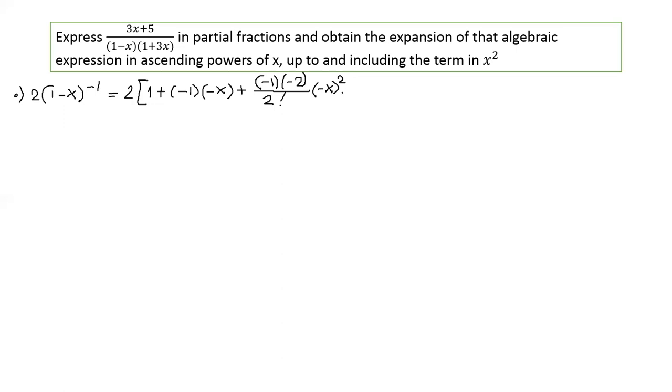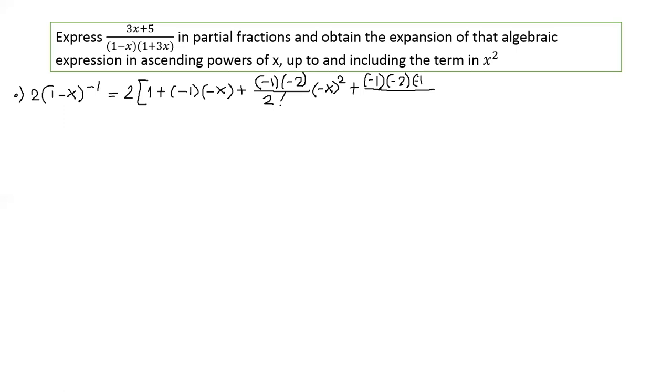Including the term in x squared, but I will expand till x cubed. Negative 1 because n. Afterwards, negative 1 minus 1, negative 2, times negative 1 minus 2 equals negative 3.